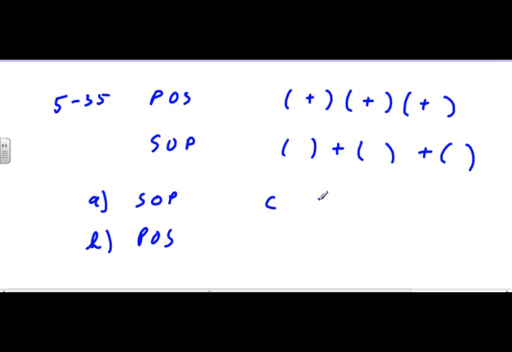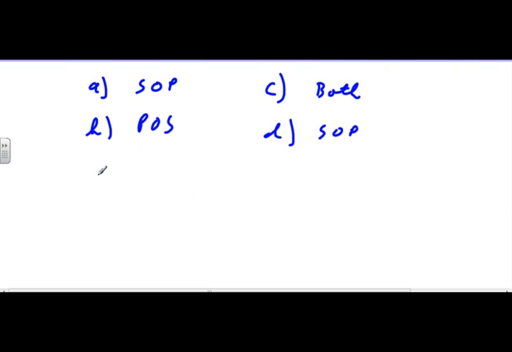So we'll go with both. It's both. That'd be good. And thank you, author. D, sum of products. E, product of sums. F, both.